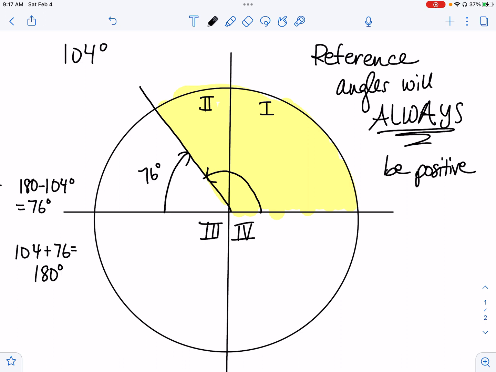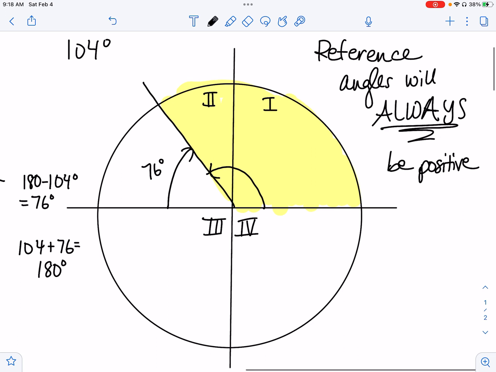When we go to label these out, your angles in quadrant 1 should be between 0 and 90 degrees. Angles in quadrant 2 should be between 90 and 180 degrees. Angles in quadrant 3 should be between 180 and 270 degrees. And angles in quadrant 4 should be 270 to 360 degrees. When you were asked to list angles that have the same reference angle in all 4 quadrants, if you were given 104 to start, you'd say quadrant 1 would be 76 degrees.